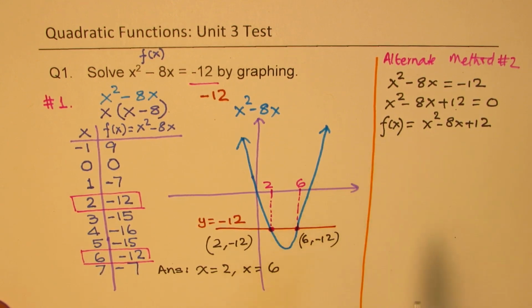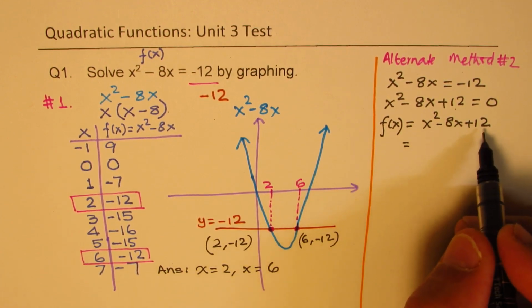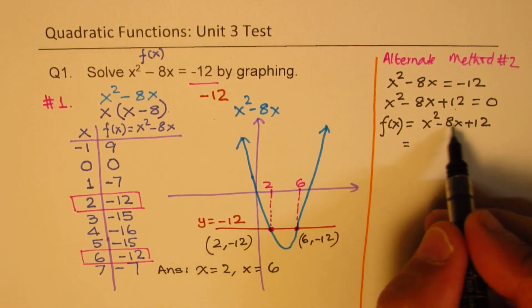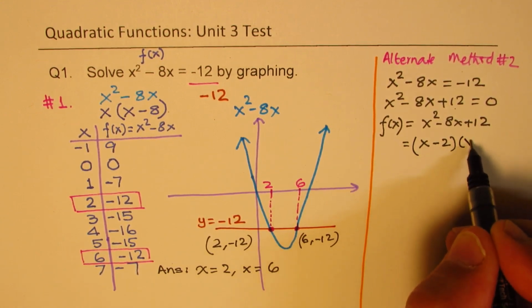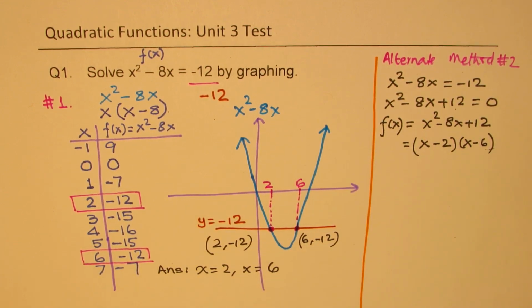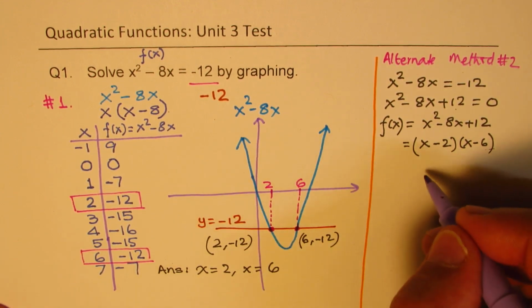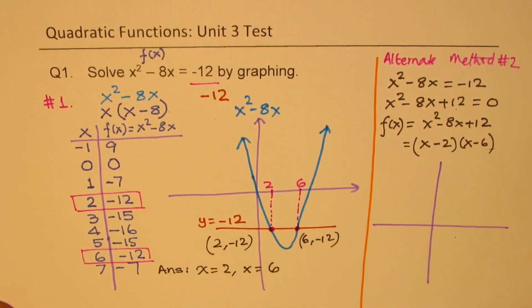So we will actually graph this particular function, and the solution will be when f of x is 0, right? If you really factor, then 6 times 2 is 12. So you'll get kind of like this, right? Why I'm showing this work is that normally we'll actually sketch the graph like this. Correct?